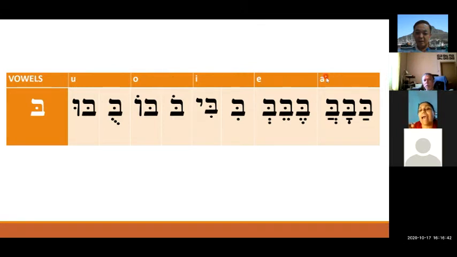Now we have the consonant bet, and we have the different A-class vowels attached to it, written below it. Somebody go ahead and unmute and tell me what are the 3 sounds that it would make. The bet with the patah, what is the sound that it would make?